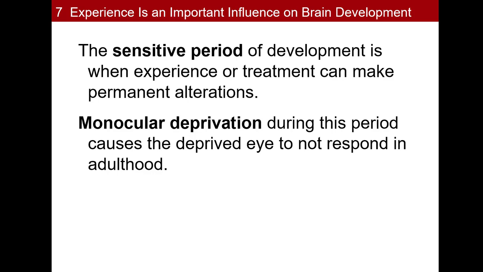On the other hand, if you sew an eye shut during the sensitive period for the development of vision, then that eye is not having those visual experiences in the environment that are so important for proper development of vision. After you remove the stitches, there will probably be some detriment to vision there. So this is an example where, if the individual does not have those learning experiences during a sensitive period, they may not be able to develop that ability or trait.